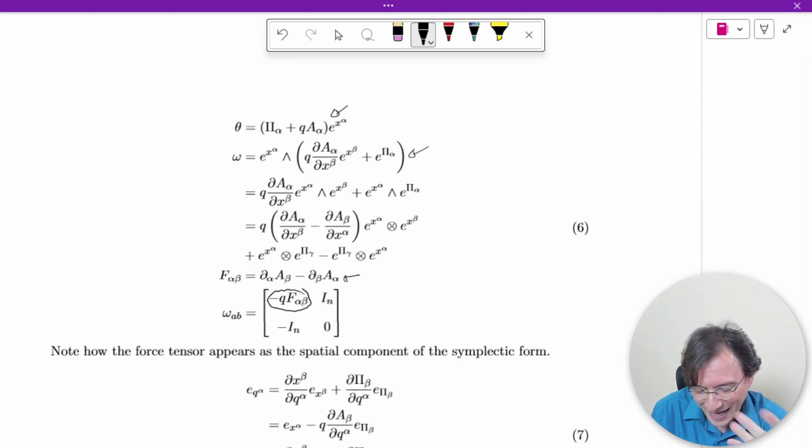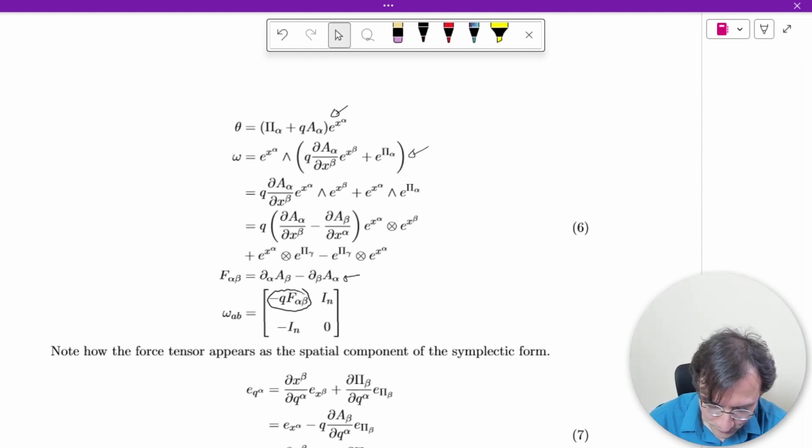And so you can understand this as coupling the degrees of freedom between position and kinetic momentum. If there is a force, the degrees of freedom expressed as position and kinetic momentum are no longer decoupled, no longer independent, but coupled together.